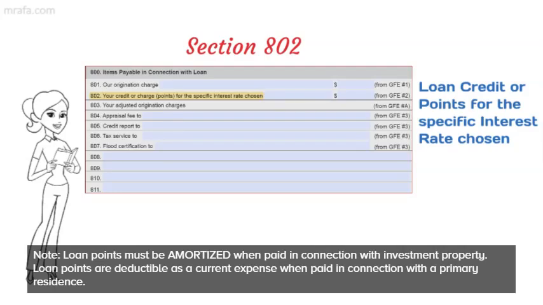So again, 1 point means 1% of the loan, and that means you are going to pay 1% of the loan in return for a lower interest rate. And the cost of that lower interest rate, from 4.5% to 4.25%, will just cost you $2,000.